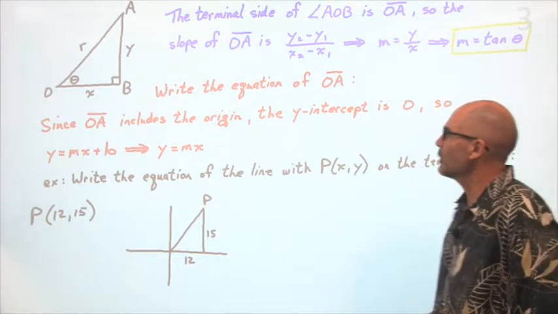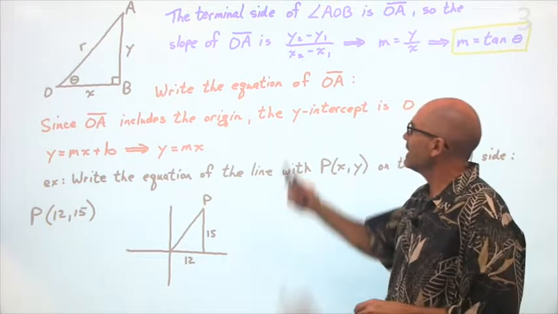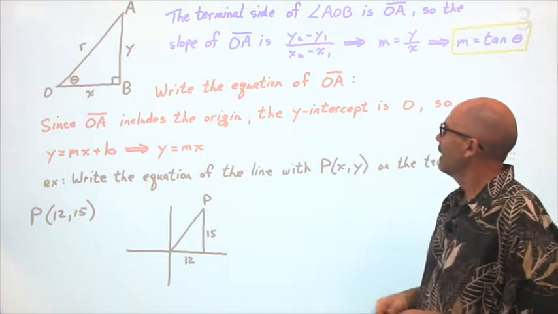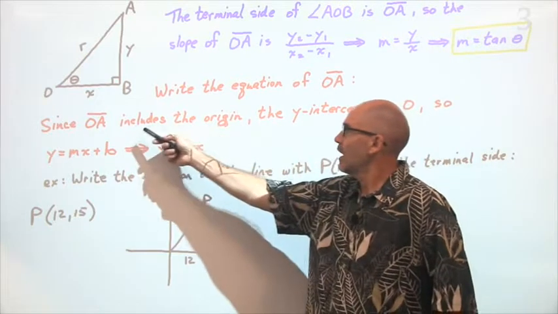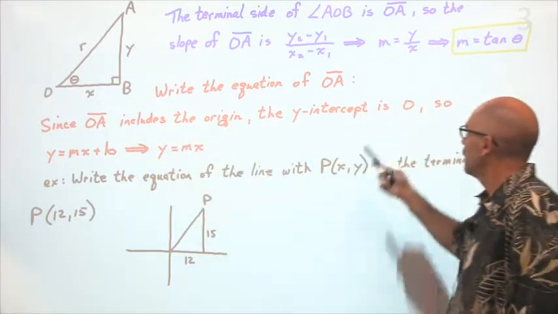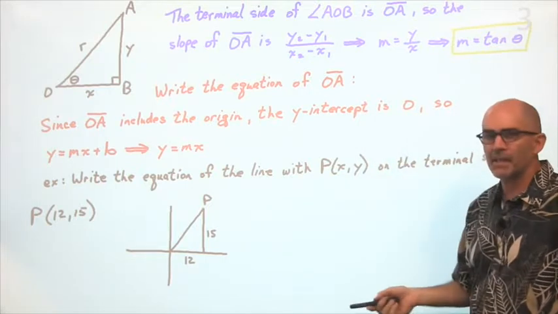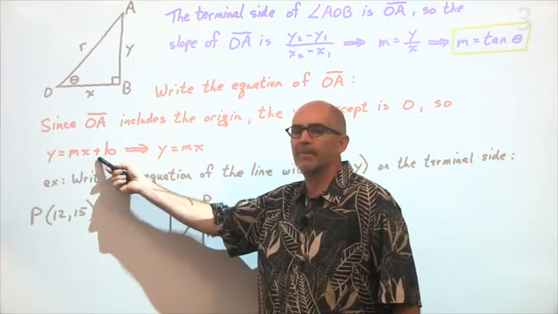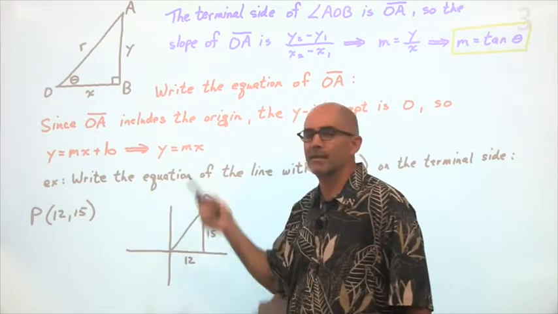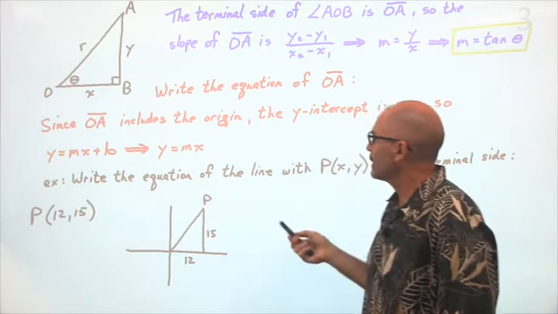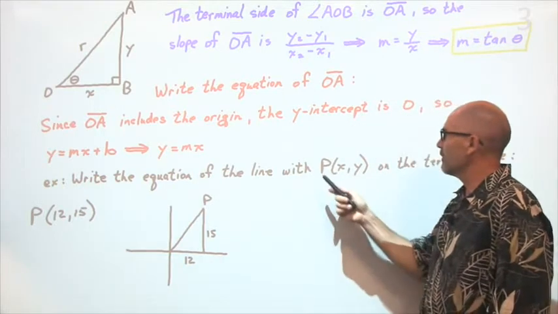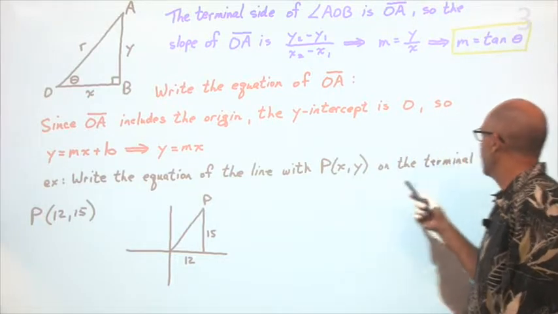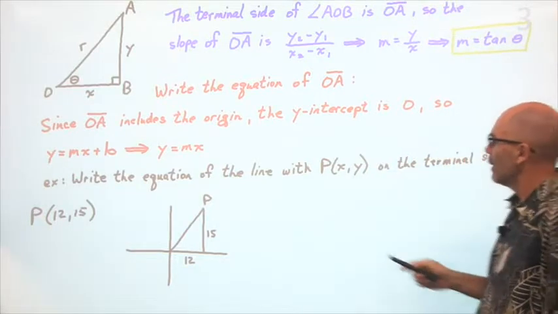All right, so here's our first example problem. Write the equation of side OA. Since OA includes the origin, the y-intercept is 0. So that means your linear equation y equals mx plus b just becomes y equals mx. All right, so write the equation of the line with the point xy on the terminal side.